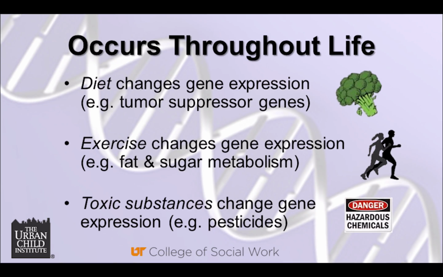Broccoli is truly a wonder food. Exercise changes gene expression, and it does this generally by affecting the genes that affect your metabolism. So when we talk about exercise preventing heart disease, and being good for treatment of diabetes, it's because it encourages those genes that perform those functions to methylate appropriately.